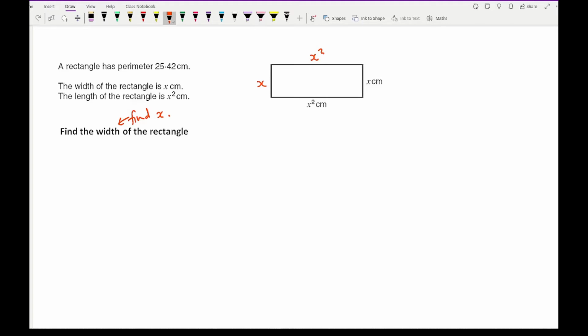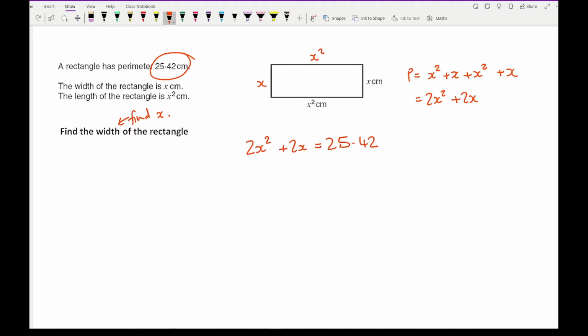So looking at this, to work out the perimeter, which is not to be confused with the area, P equals x squared plus x squared plus x plus x, which gives me 2x squared plus 2x. Now it tells me that this perimeter is equal to 25.42. So we've got 2x squared plus 2x equals 25.42.